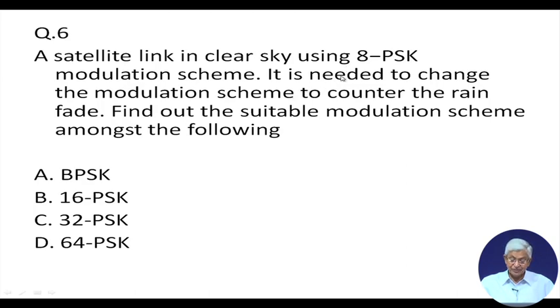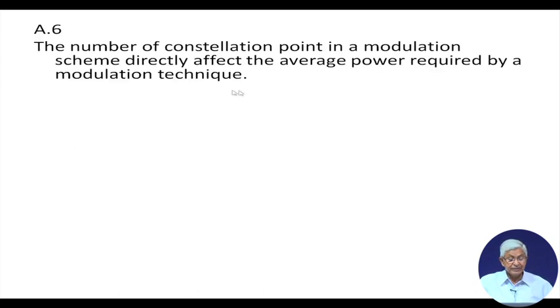So, here this is a question that you are using 8 phase PSK, and which modulation will give you certain rain fade advantage. Is it BPSK, 16 phase PSK, 32 PSK, or 64 PSK? You can see that BPSK is lower than 8 phase PSK, and 16, 32, 64 PSK all are higher than 8 phase PSK. Let us see the reasoning.